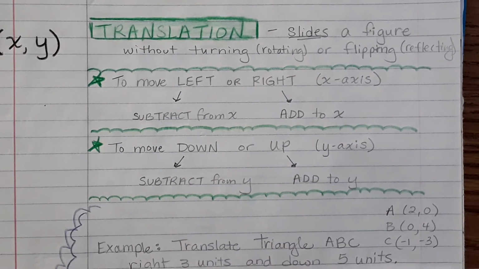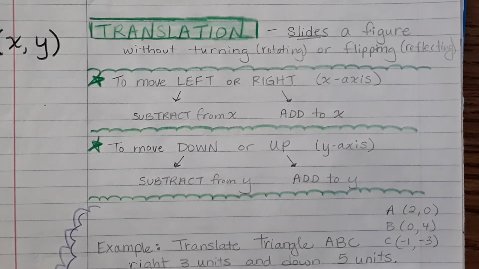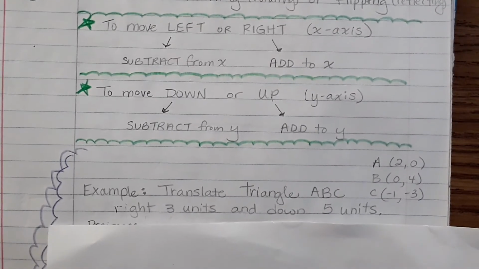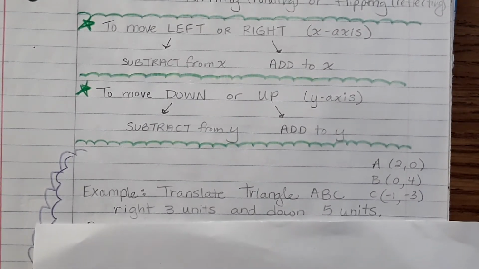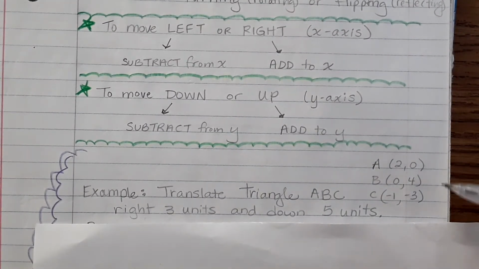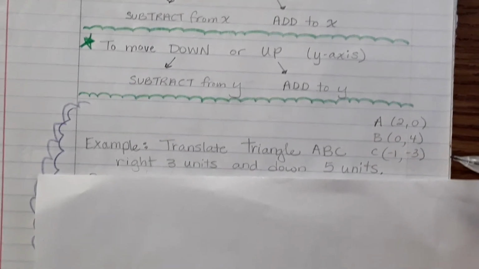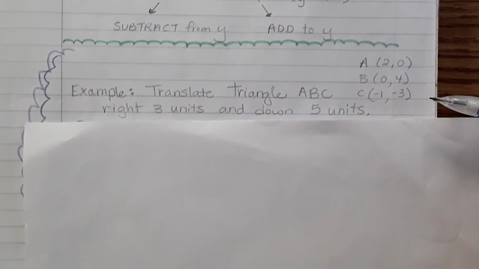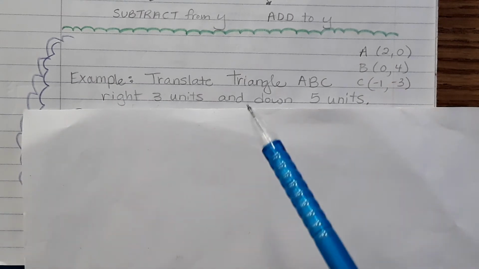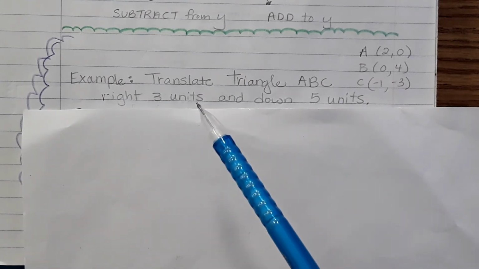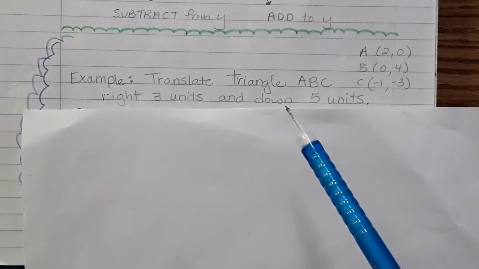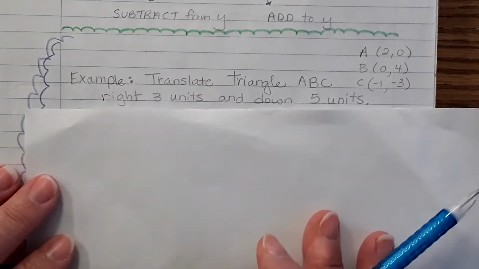So here is an example. I have a triangle ABC, and these are my three vertices. We're going to translate or slide this triangle 3 units right and down 5 units.